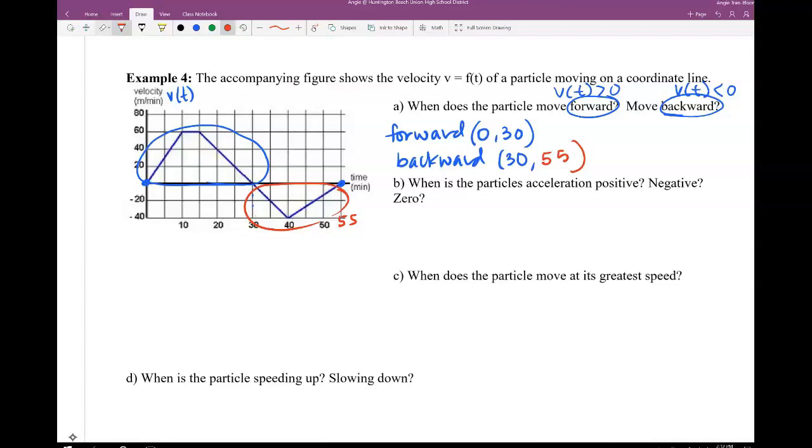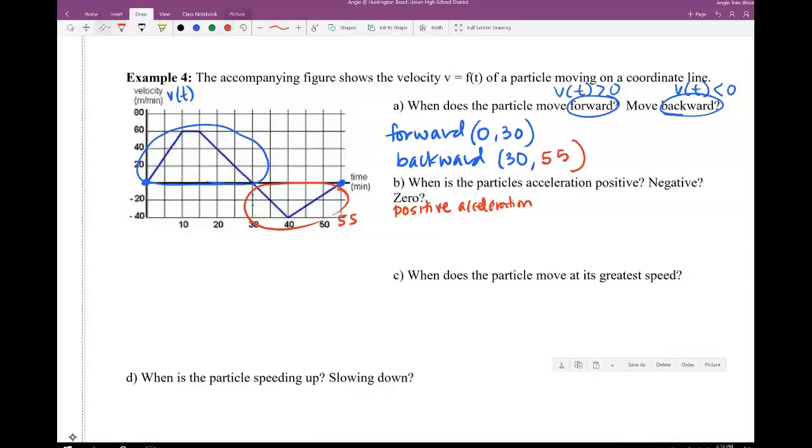So, positive acceleration, meaning that the v prime is, because keep in mind a of t equals v prime, so it has to be what?